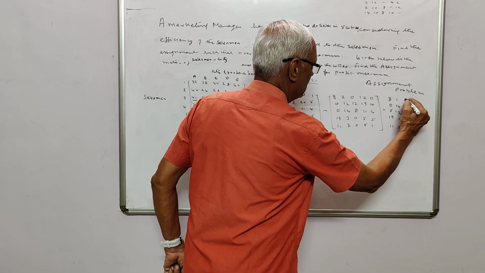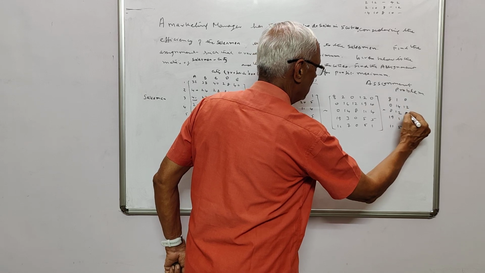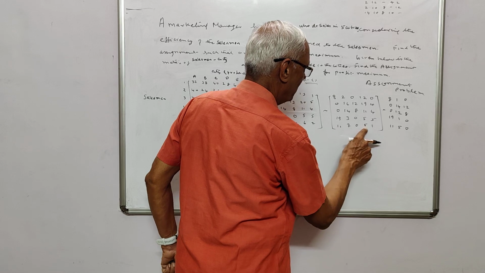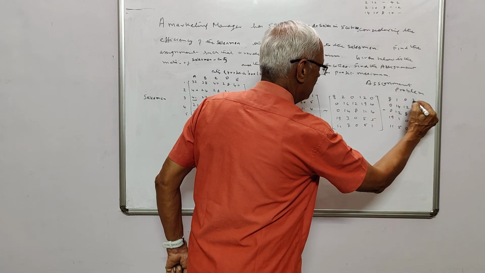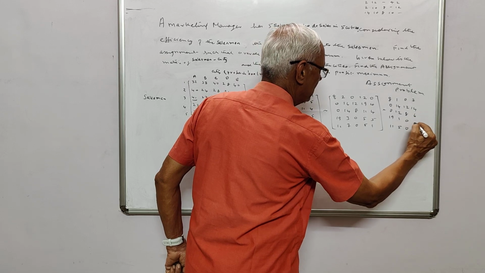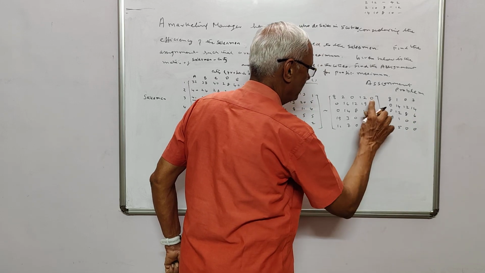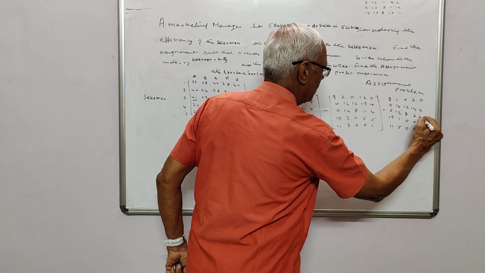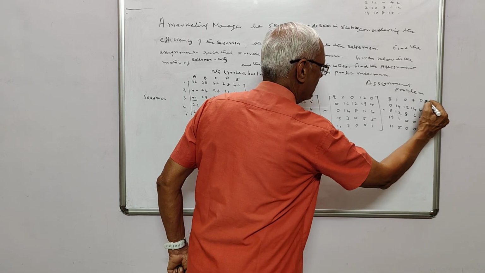Here you have got 0, 12, 8, 0, 0. Here 5 is the minimum, so it is 7, it is 14, it is 6, 0, 0. Here you have got 0, 4, 4, 5, 1.